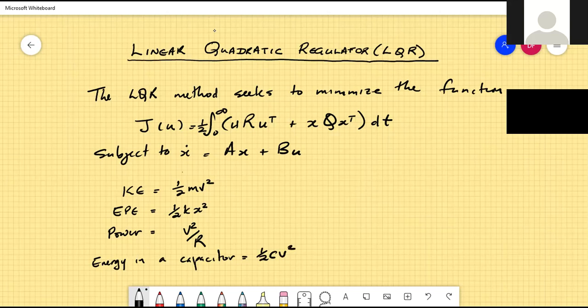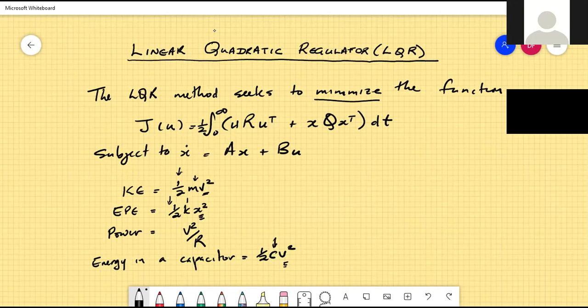So we're minimizing a function. If you notice, all of these have a constant half, except the power, and in some cases the power will have the half too. There's some variable that is squared, and a constant multiplied by the variable that is squared.